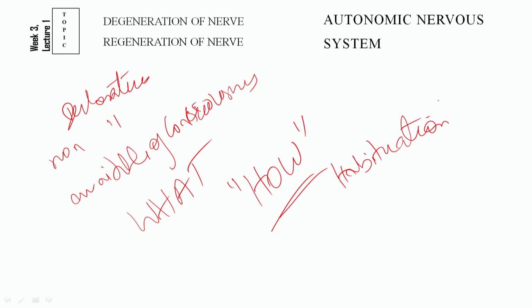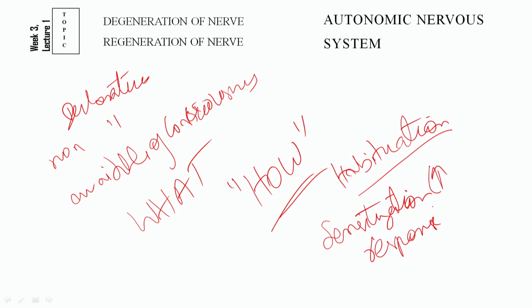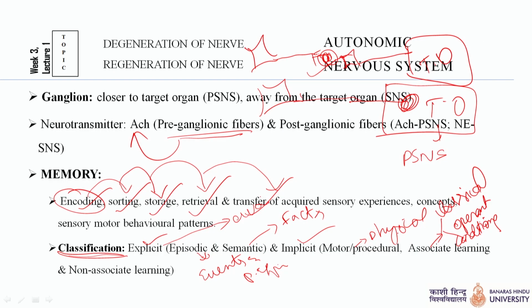What is habituation? When you give the same stimulus repeatedly, it leads to a reduced response, which is called habituation. The next one is sensitization. Sensitization means an increased response to any type of noxious stimulus. These come under non-associative learning.